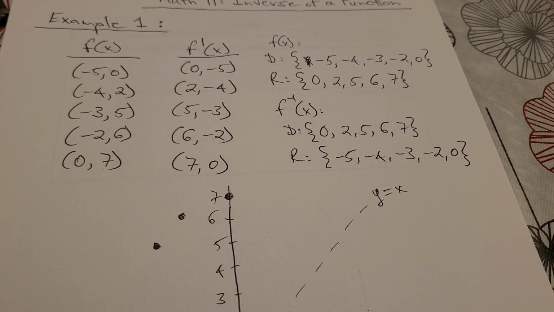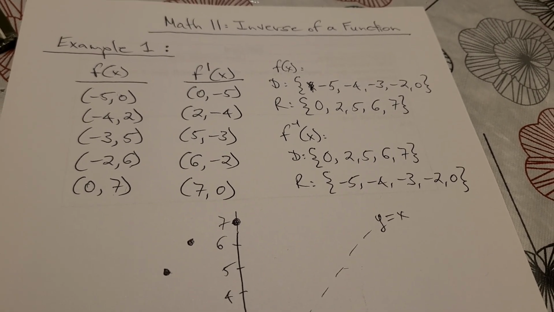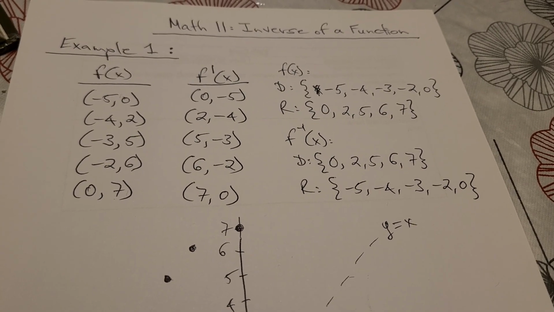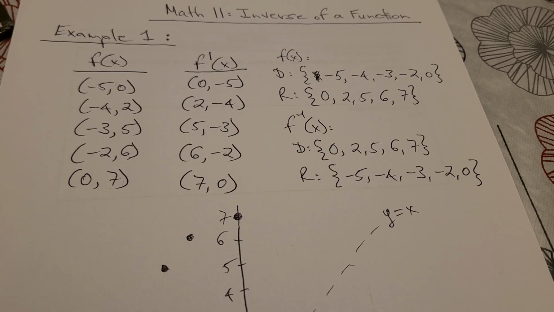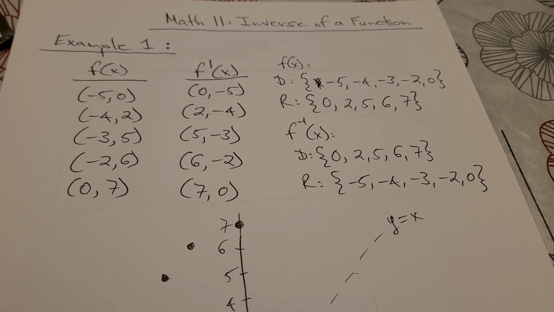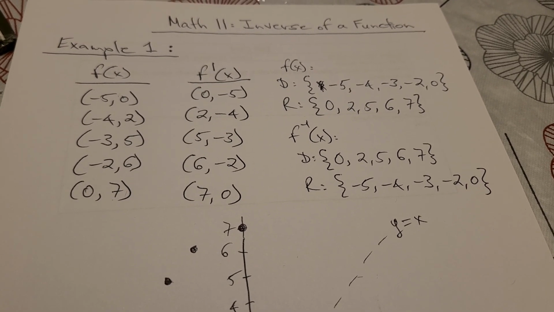It says, notice that the domain of f of x is the range of f -1 of x, and the range of f of x is the domain of f -1 of x. And so basically here is a systematic method for determining the inverse of a function algebraically, because we're going to do that for example 2 now.